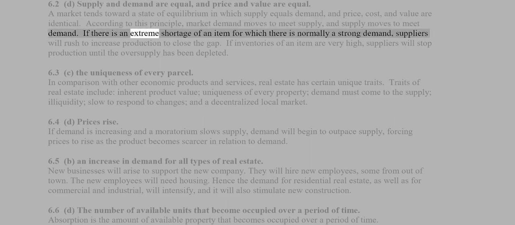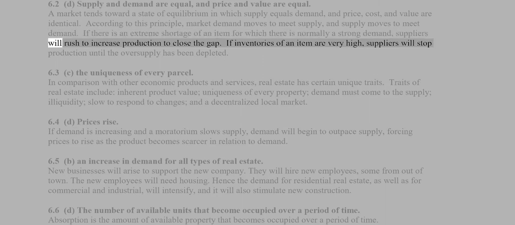If there is an extreme shortage of an item for which there is normally a strong demand, suppliers will rush to increase production to close the gap. If inventories of an item are very high, suppliers will stop production until the oversupply has been depleted.